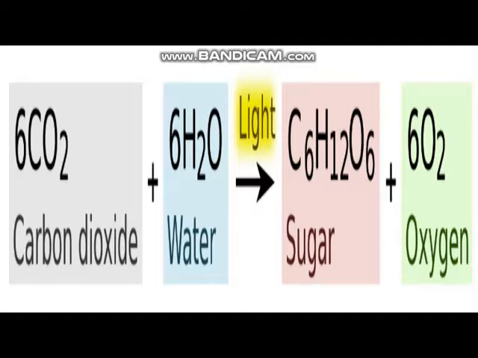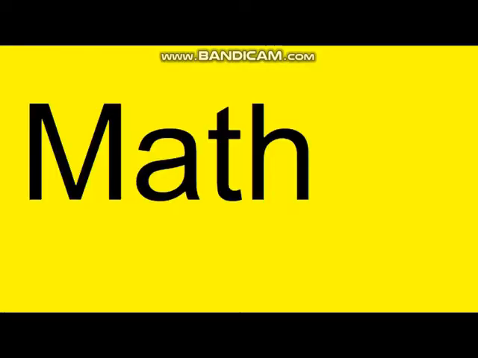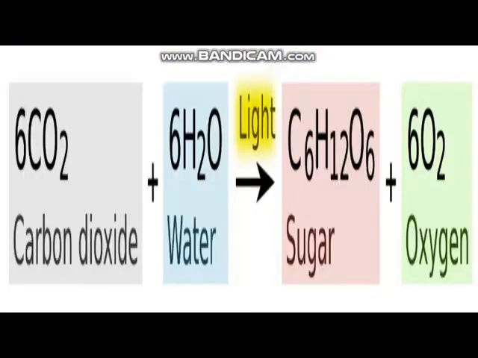Alright? So now we gotta do some math and balance out the equation. This is when we put all the 6's in front. So they need 6 carbon dioxide and 6 water to make 1 sugar, which is very valuable to them, and 6 oxygen. To balance out the equation, the 6 carbon from the carbon dioxide makes this C6, if you can see my cursor.